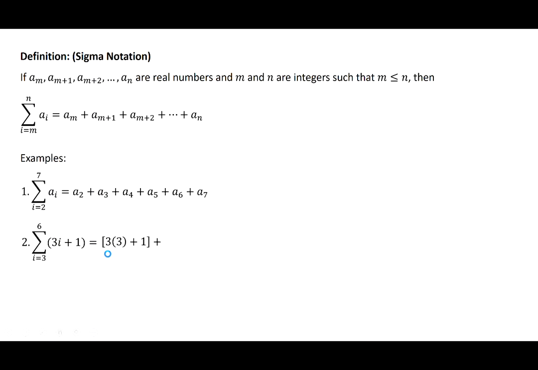Yep, the first term is 3 times 3 plus 1. Now, increment i by 1, that is from 3, make it 4. So, with that value of i equals 4, come inside, 3 times 4 plus 1. Right? 3 times 5 plus 1. 3 times 6 plus 1.